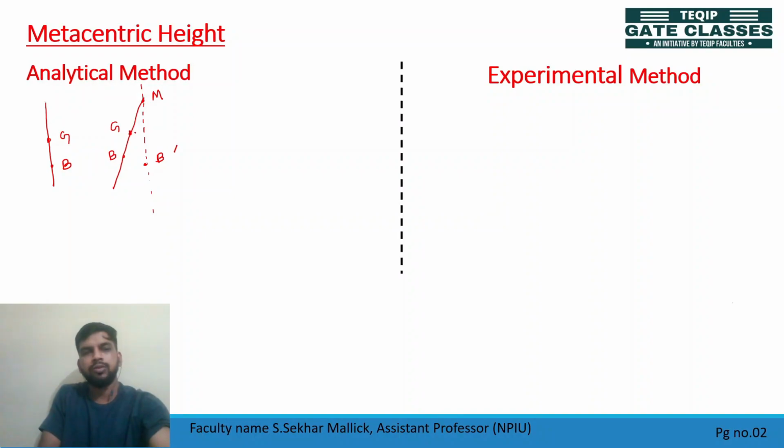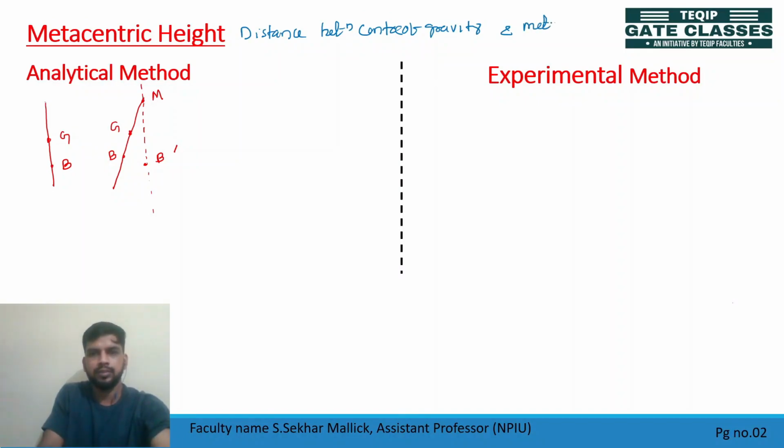Okay, how to find this metacentric height? Metacentric height means the distance between the metacenter and the center of gravity. Please write. The distance between the center of gravity and the metacenter is the metacentric height. Okay.